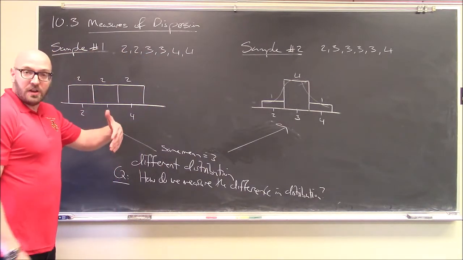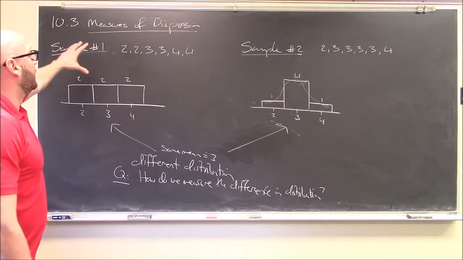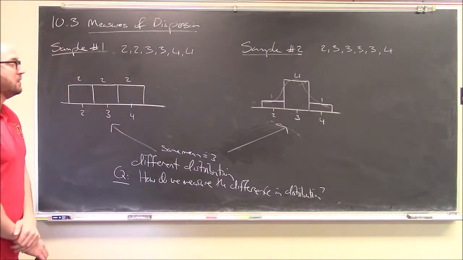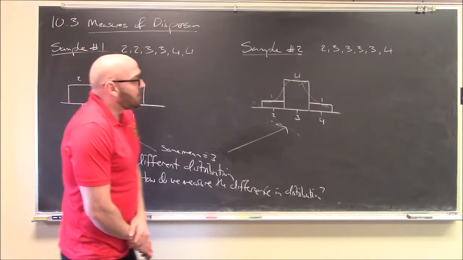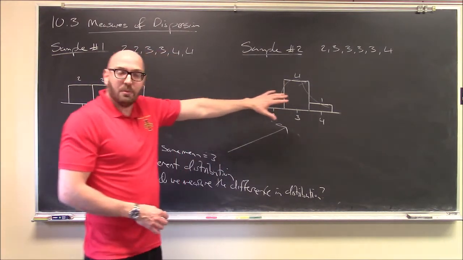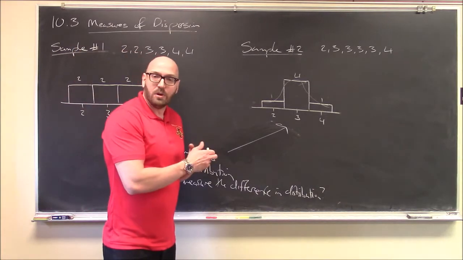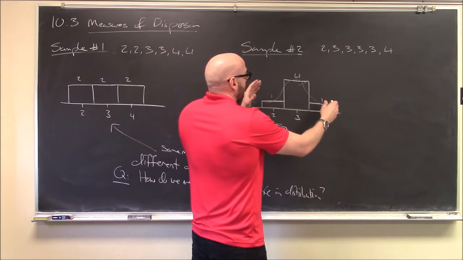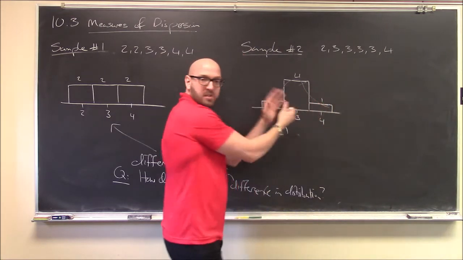And we're going to introduce a number called the variance for a given sample, or the standard deviation. They're both very closely related to each other. A smaller variance, or a smaller standard deviation, would match something more like sample number 2, where it tells you that the data is more centrally clumped.